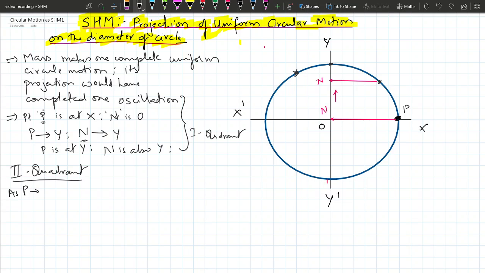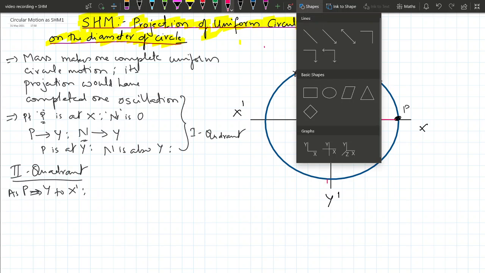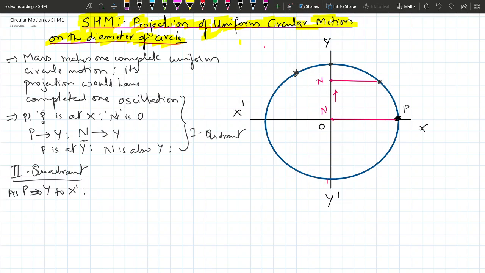As point P moves from Y towards X dash, look here. Earlier it was at Y, now it is moving towards X dash. If you look at the projection, the projection N is moving downwards.